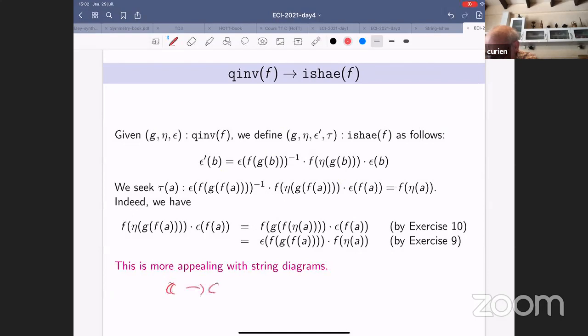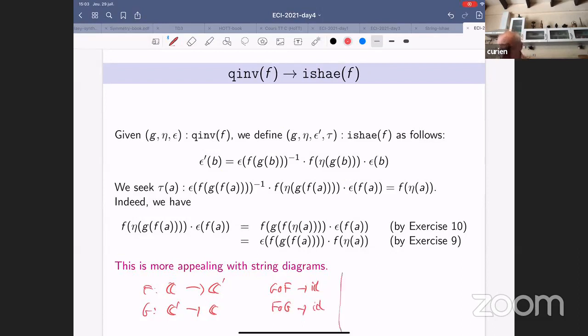So you have two categories. You have two functors, F and G. You have two ways to say that they are equivalent. One is to say that you have a natural equivalence from G composed with F to id, and another from F composed with G to id, and that's all.